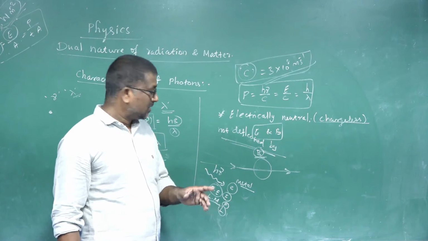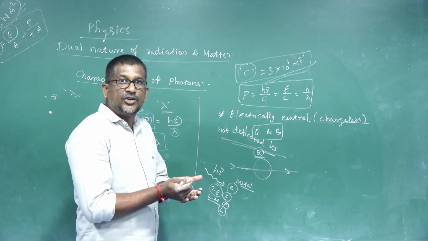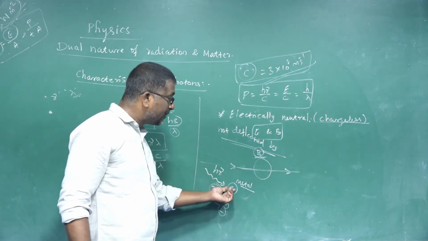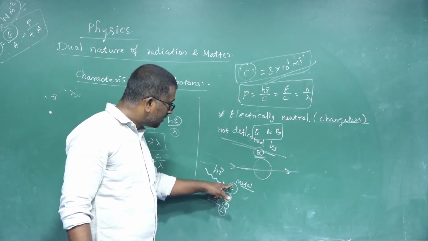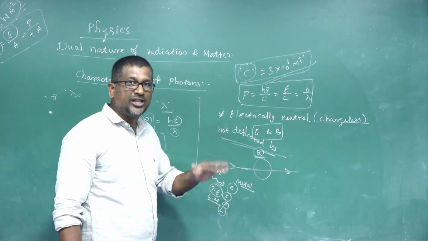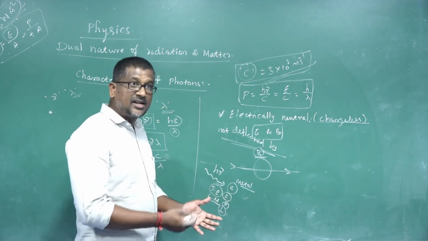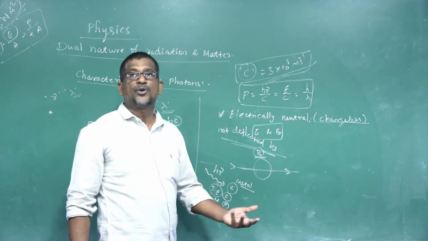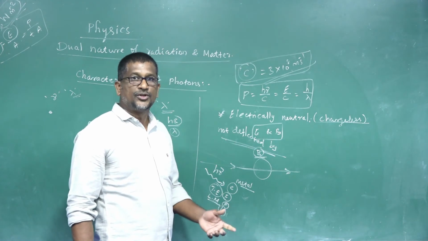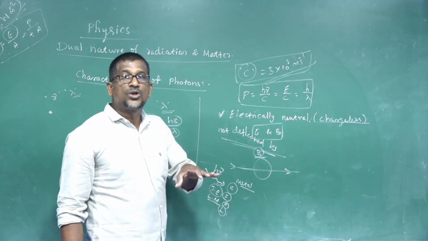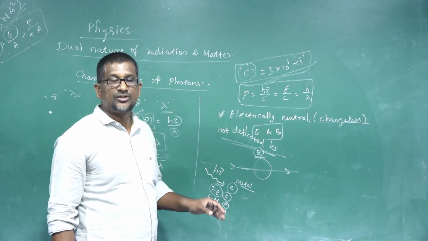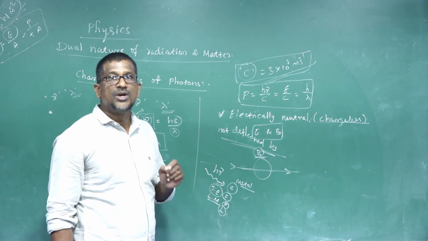Because during the interaction, the photon may be absorbed by the matter, or absorbed by the electron in the metal, or a new photon may be produced. But the number of photons cannot be conserved. This is a very important characteristic of photon.